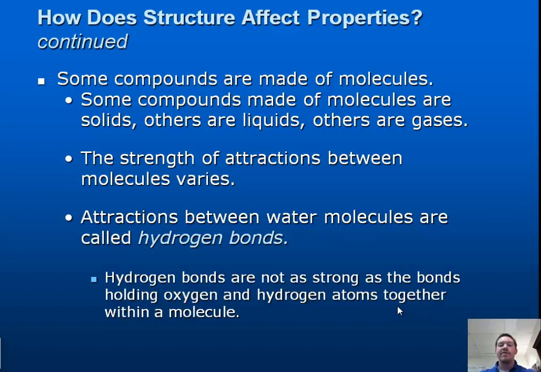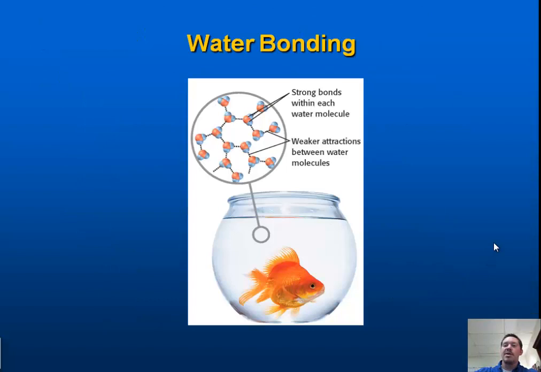It's a very weak attraction, but the positive charge found on the hydrogens and the negative charge found on the oxygen tend to be attracted to another water molecule. Here's a note: hydrogen bonds are not as strong as the bonds holding oxygen and hydrogen atoms together within the molecule. I do have a visual of this.